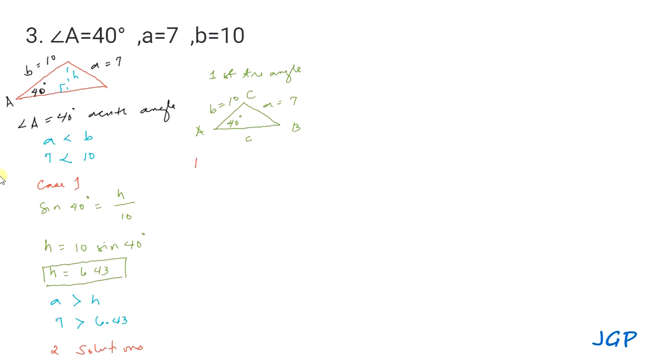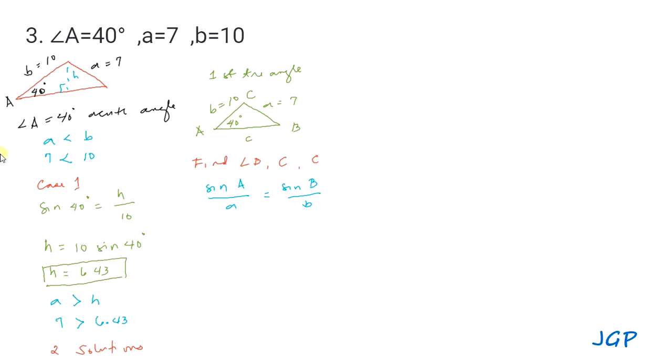So, ang missing nating parts dyan, so we need to find the angle B, the angle C, and our side C. So, first, ang nating makukuha dyan is the value of our angle B. Since given naman ang ating side B, we can now find the angle B using the formula of our sine law.